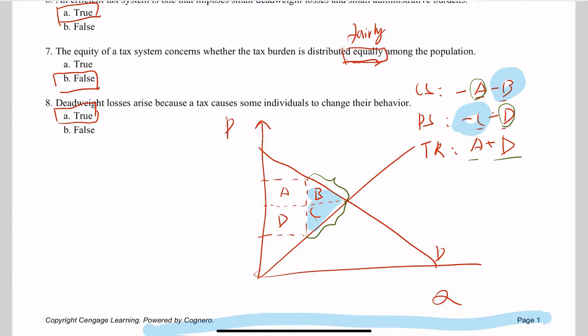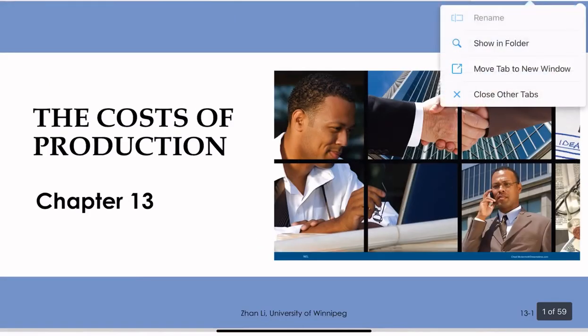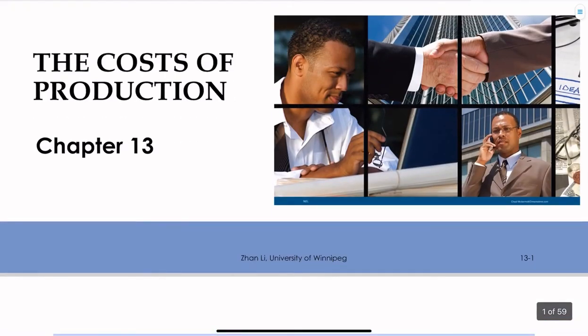Okay, great. Now we can move to the next chapter. Basically, the microeconomics course can be divided into two larger parts. The first part is about the market equilibrium, the analysis of the demand curve and supply curve.